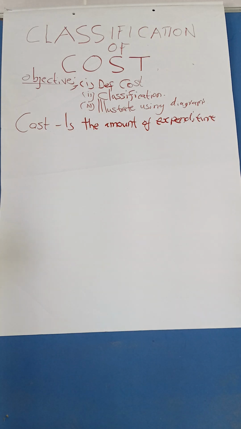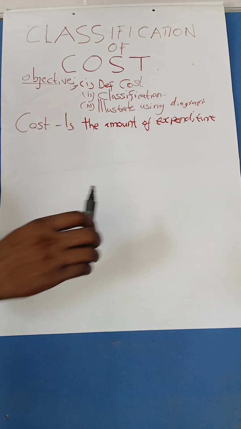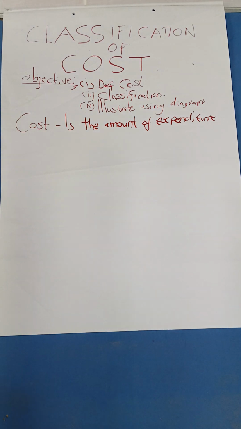Even in every department, they must be able to tell that a certain amount was allocated to maybe rent, a certain amount was allocated to labor, a certain amount was allocated to the purchase of materials. So that is why we say they are able to maximize profits and minimize losses.